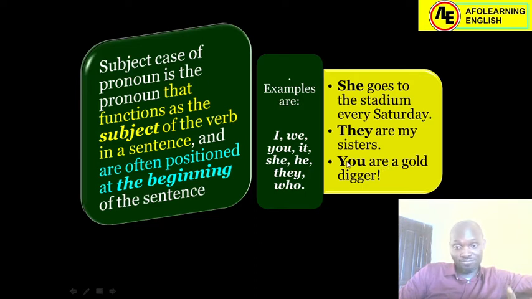You is the subject, is a pronoun, and it functions as the subject of the verb are in this sentence. So here you have it on subject case of pronouns. First, they function as the subject and they often come at the beginning of the sentence.